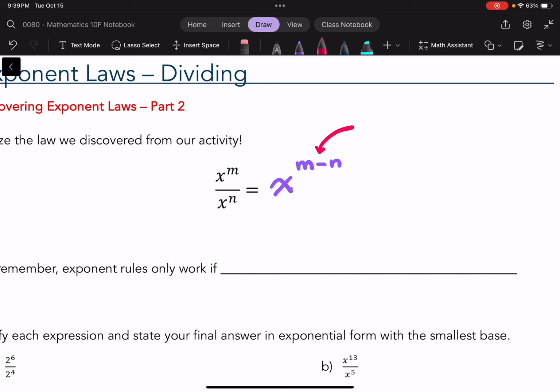If I wrote this out as repeated multiplication, I could cancel out that base at the top and the bottom when I see it repeating and simplify it. Instead of saying x over x or 5 over 5, I could cancel them out to be simply just ones, okay? But an exponent law is a way to shortcut there. So here I notice I'm subtracting my exponents.